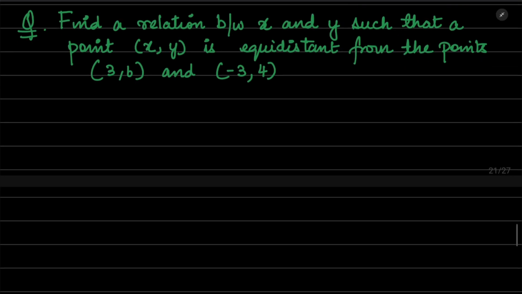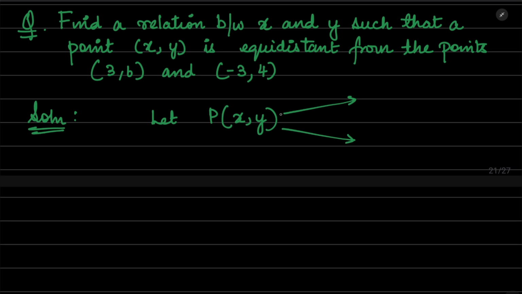Okay, so now let us do this. So let P be a given point x comma y. Now this is equidistant from 2 points, equidistant, same distance, right? From the point A, which is nothing but 3, 6, and from the point B. So PA distance is the same as PB distance.